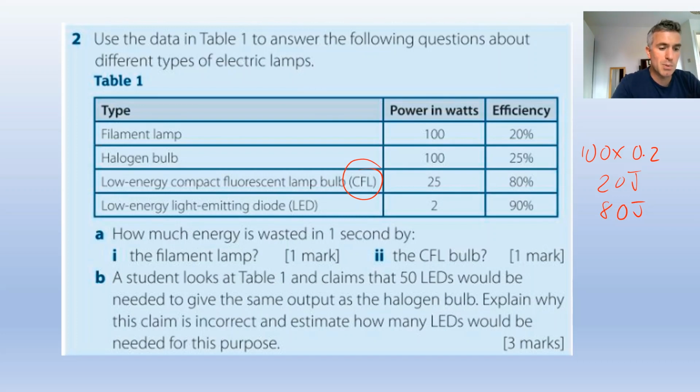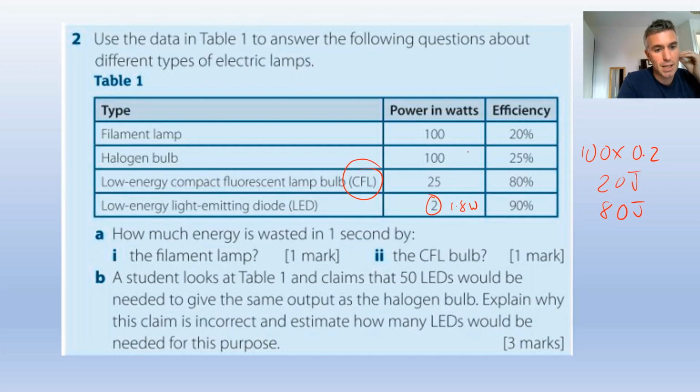A student looks at table 1 and claims 50 LEDs would need to be given out the same output as the halogen bulb. Explain why this claim is incorrect and estimate how many LEDs would be needed. Okay, so this one's at 2 watts and it's 90% efficient. So 2 times 0.9 means for every light bulb you get 1.8 watts out. For the halogen, it's 25% efficient.